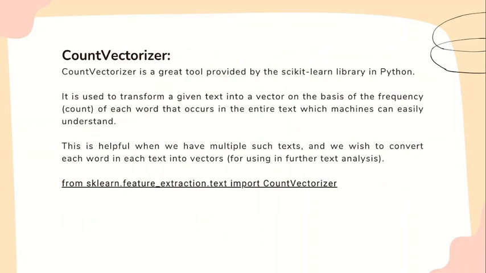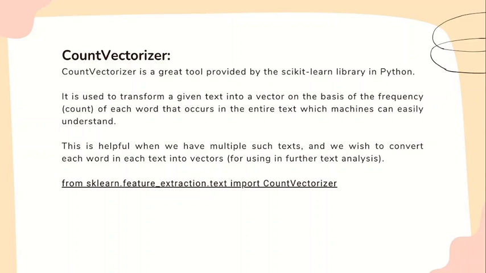The next concept we learn here is count vectorizer. Count vectorizer is a great tool provided by the scikit-learn library in Python. It is used to transform given text into a vector on the basis of the frequency of each word that occurs in the entire text, which machines can easily understand.